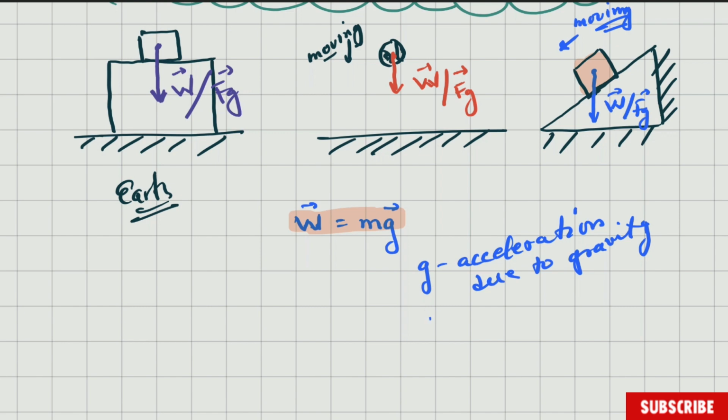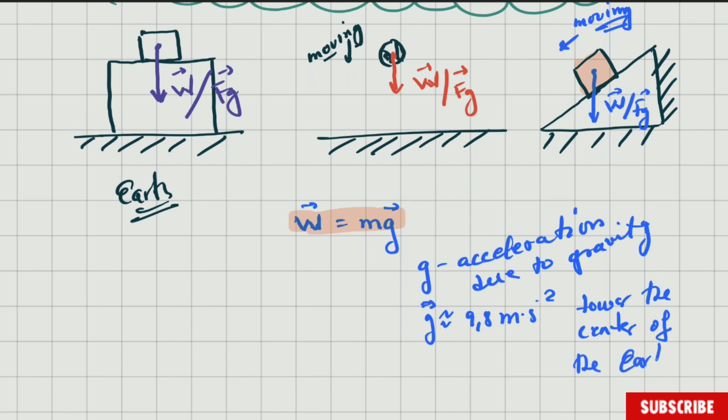Acceleration due to gravity near the surface of the Earth is approximately 9.8 meters per second squared. It is a vector quantity, so it's also towards the center of the Earth. Let's write it here, towards the center of the Earth.